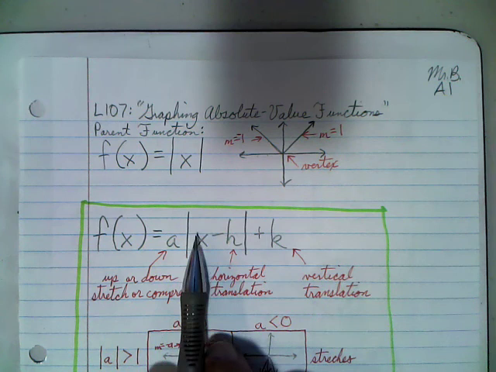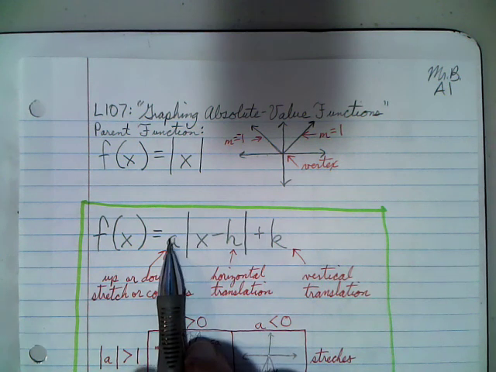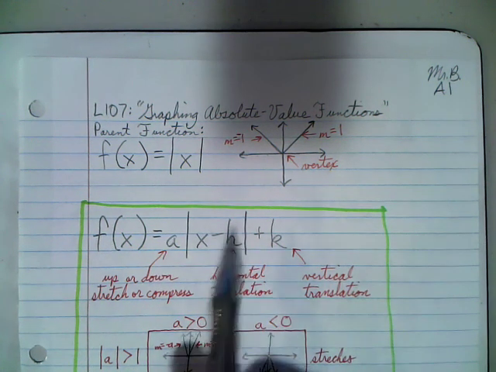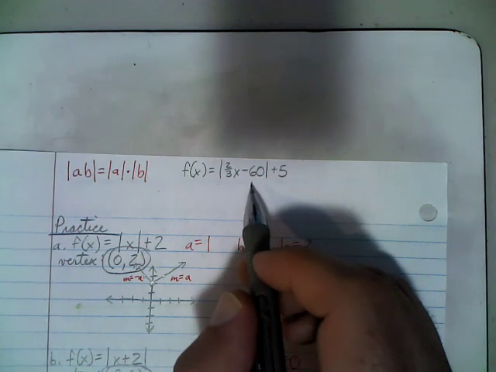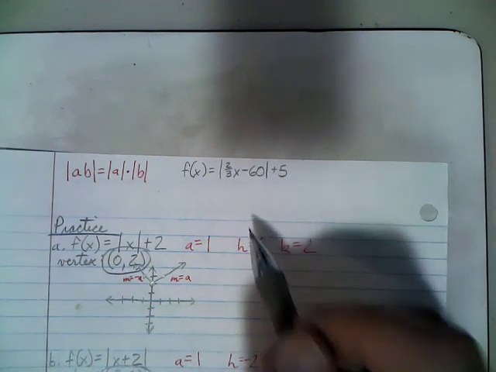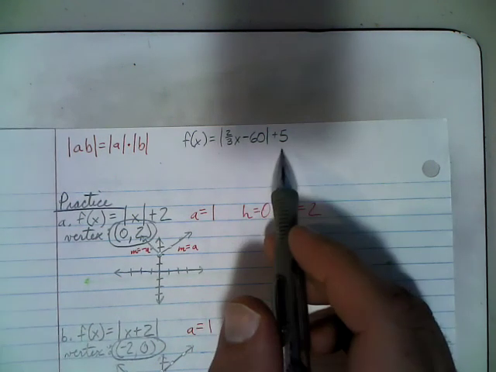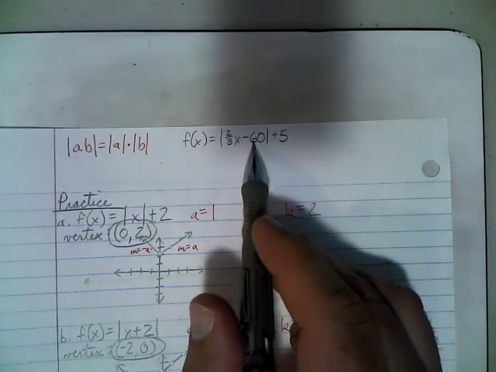We've got something multiplied inside instead of outside. So that means that we are not actually seeing h here. So even though it says minus 60 here, 60 is not my h. Now plus 5 is my k. That's all set. I know what k is, but I don't know what h is.